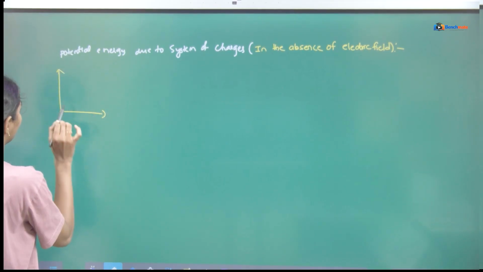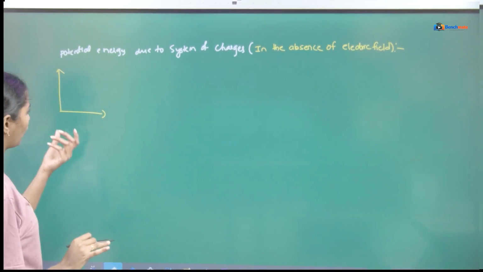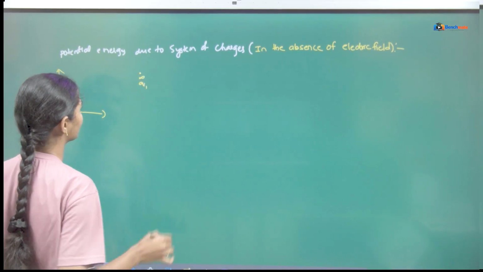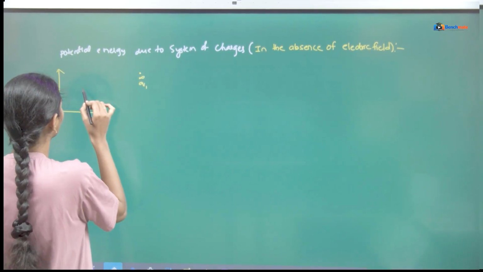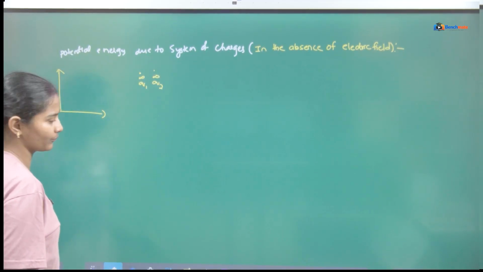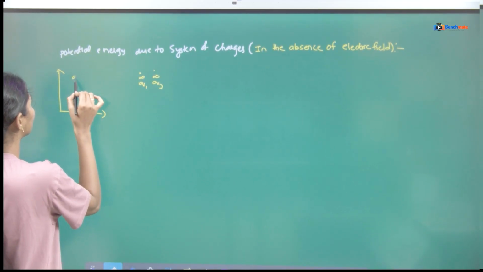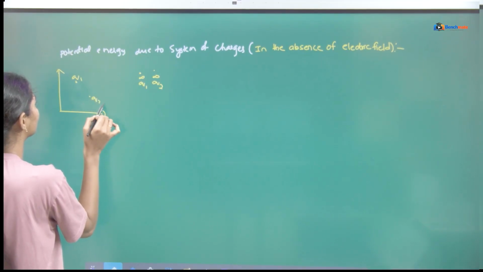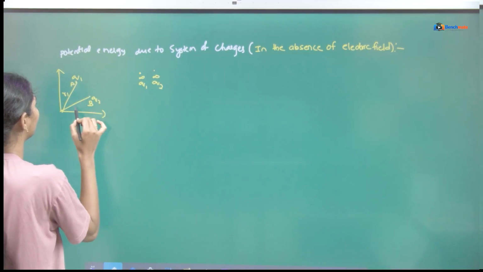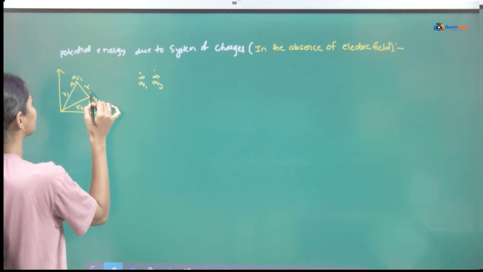So you have the coordinate system like this, and at infinity the Q1 charge is there. Now two charges I am taking, Q1 and Q2. I want to bring the Q1 charge here and the Q2 charge here, at position A and position B. Q1 is at a distance R1, Q2 is at a distance R2, and the distance between them is R12.